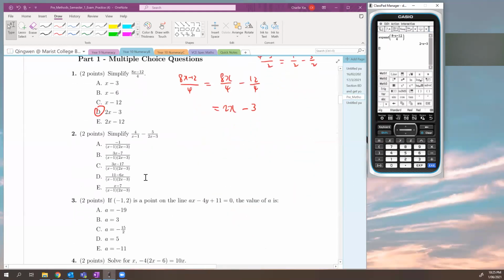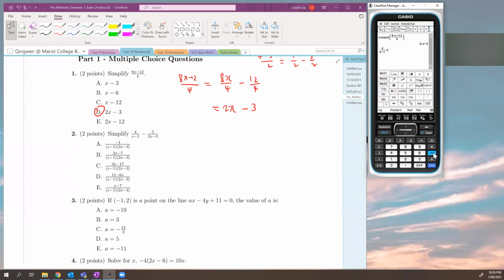Question 2. 4 over x minus 1 minus 5 over 2x minus 3. This one you could just do using the calculator. That would be a lot faster. But let's do it. We have the first fraction, 4 over x minus 1. Make sure you have clicked on that.